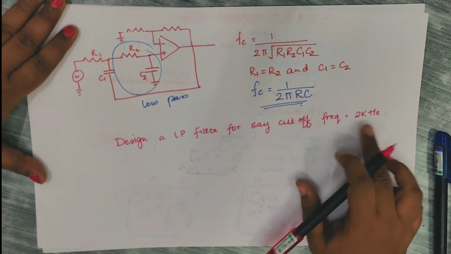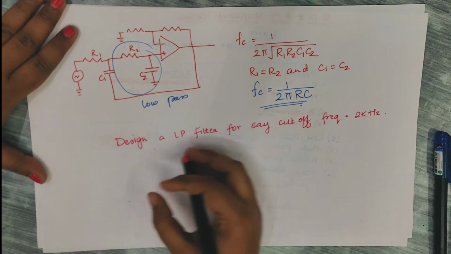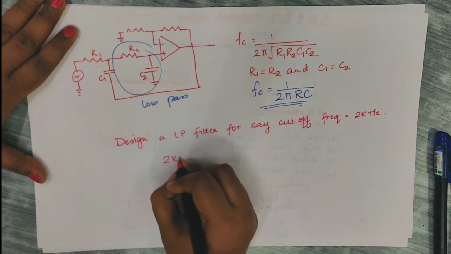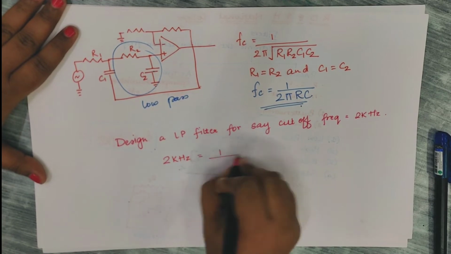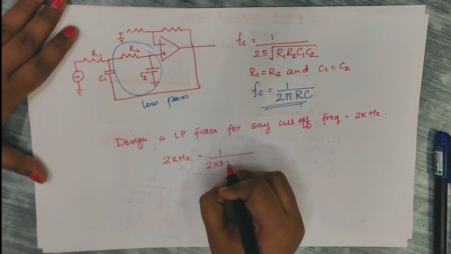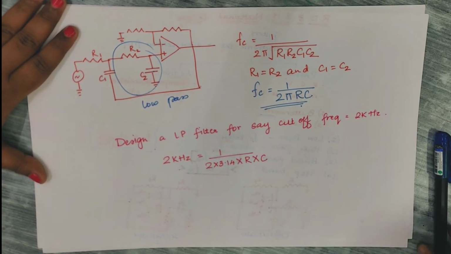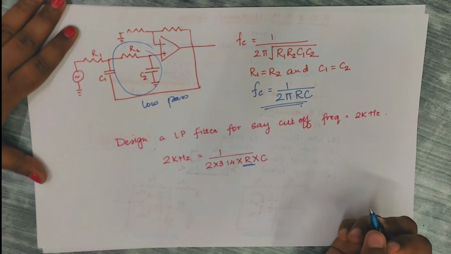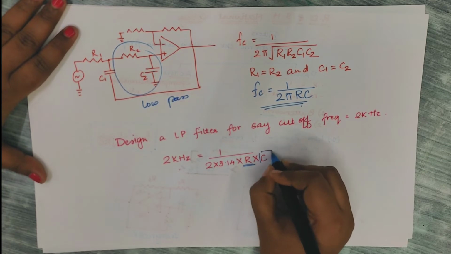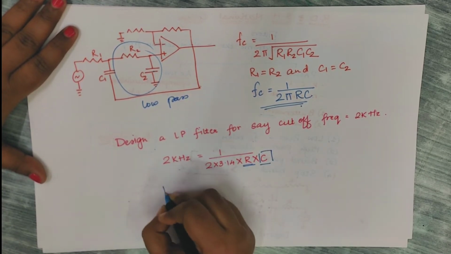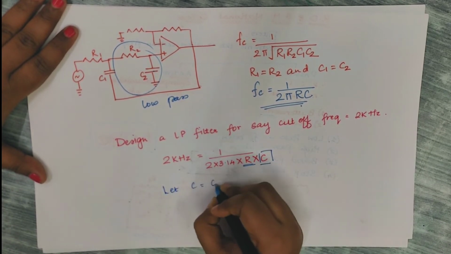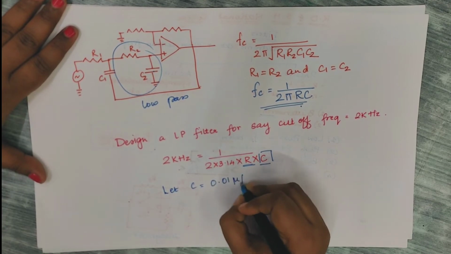Now if I am given cutoff frequency 2 kilohertz, 2 kilohertz is equal to 1 upon 2 into 3.14 into R into C. R combinations are easier to calculate, so I will assume a value for C. Let C be equal to 0.01 microfarad.